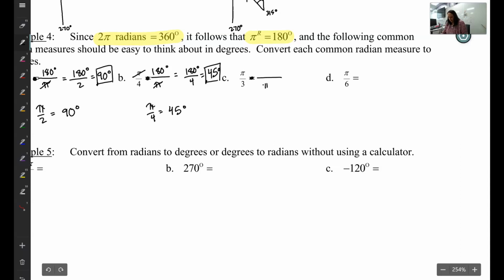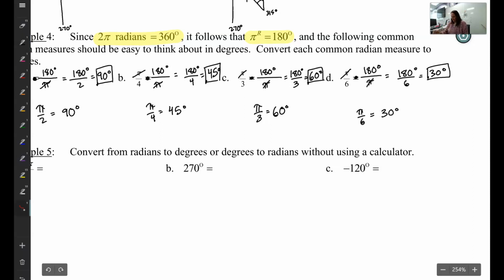Put the pi on bottom still, 180 degrees on top, so your pi's cancel. You get 180 divided by 3, which is 60 degrees. So pi thirds is 60 degrees. And last one, multiply by the same thing. So the pi's cancel, so we get 180 degrees divided by 6, which is 30 degrees. So pi sixths is 30 degrees.